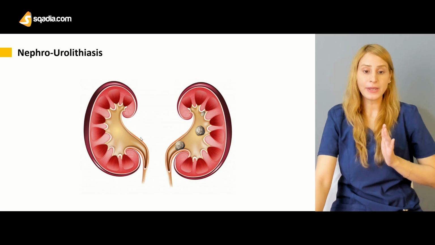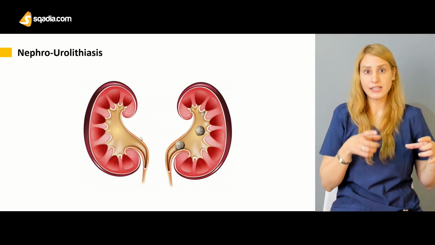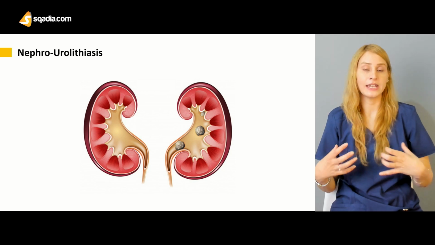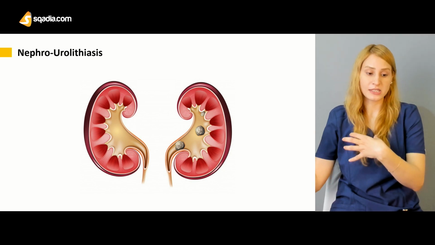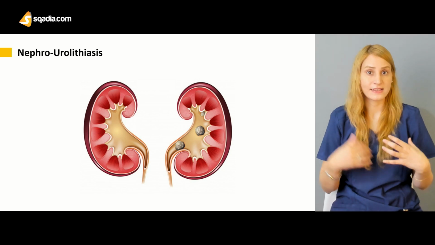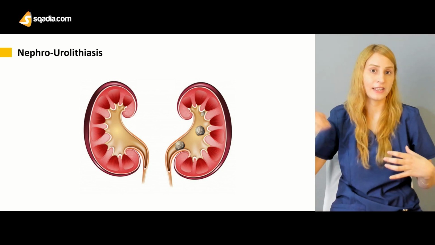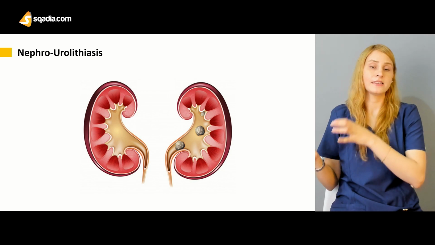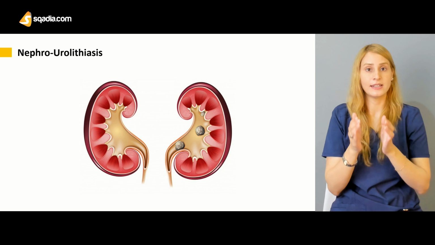The right renal vein is shorter than the left renal vein, because the left renal vein receives blood from the left adrenal vein and the left gonadal vein.